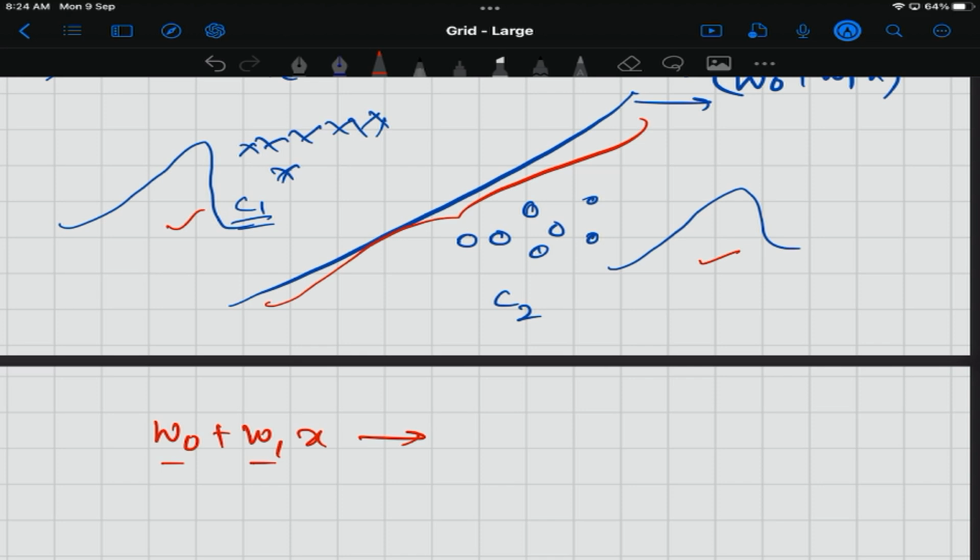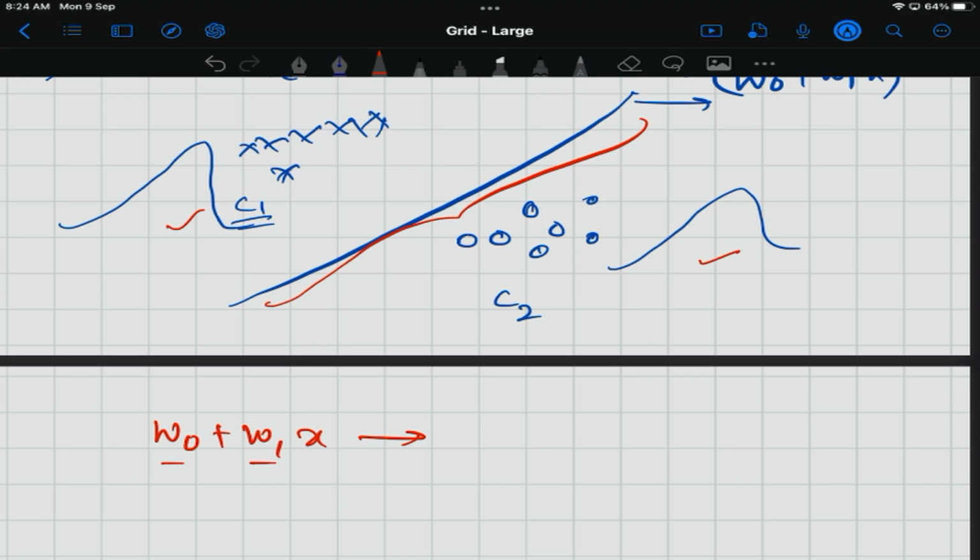Now I will try to learn the distribution functions for my given data set. When I am learning, I assume that they follow Gaussian. If you ask me why I am assuming, you know the reasons. You may ask me, is it always correct if I assume Gaussian? It may not be. If the real world data is following some other distribution, you may not be fitting it optimally, but that's the only thing you can do when you don't have any information.